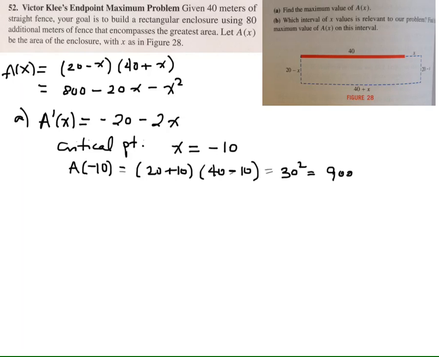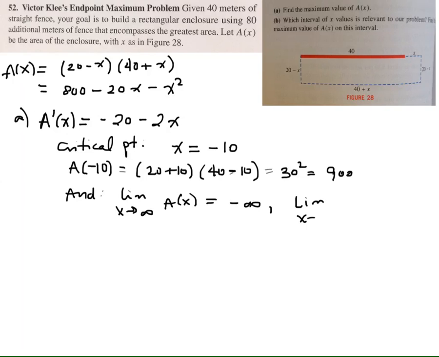Okay, and if we think about it, if we take the limit as x goes to infinity of A, well, we'll get negative infinity, right? Because we have 800 minus something that's very large, minus another thing that's very, very large. So as x goes to infinity, A goes to negative infinity, excuse me.